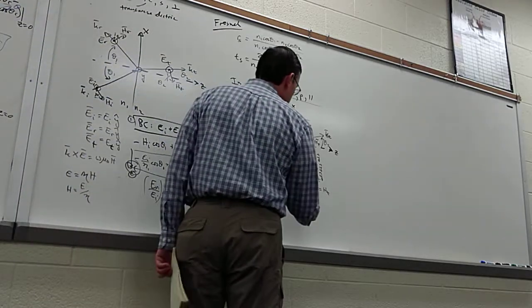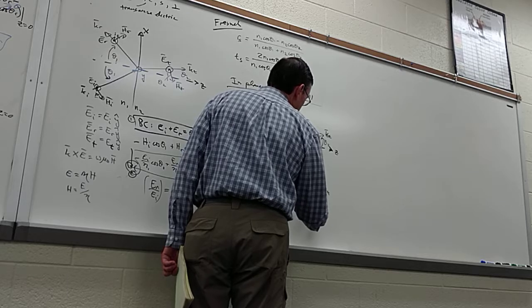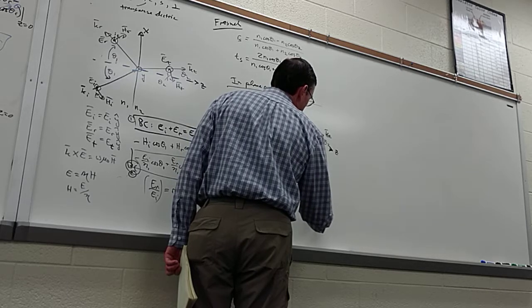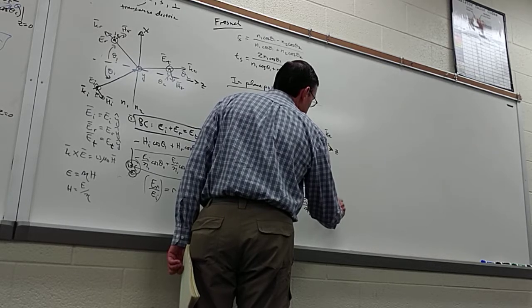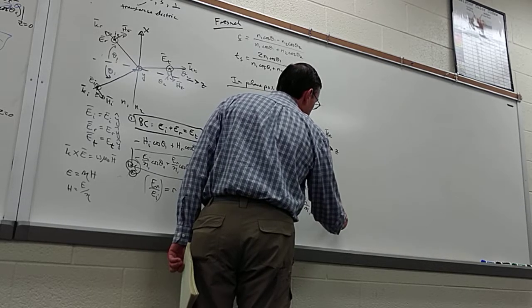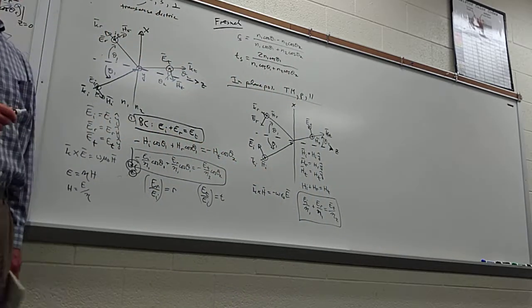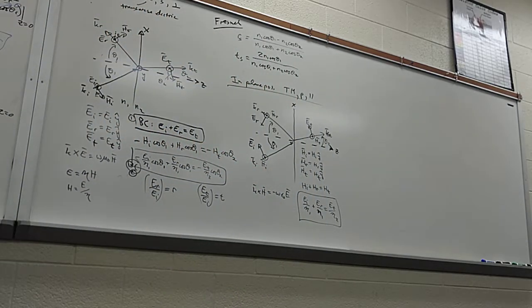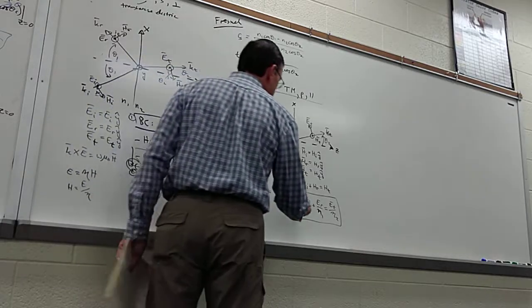So this we'll rewrite as E sub I over eta 1 plus E sub R over eta 1 is equal to E sub T over eta 2, and that's one of our boundary conditions. Boundary condition for the transverse magnetic field. So, got that boundary condition.